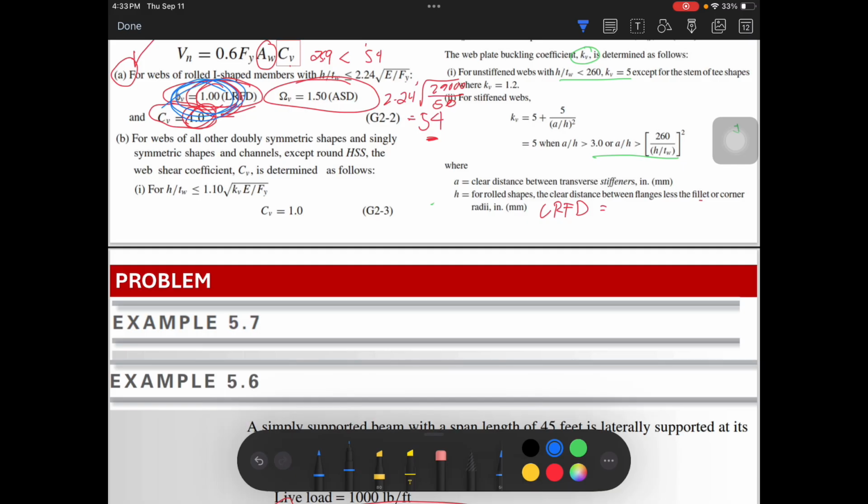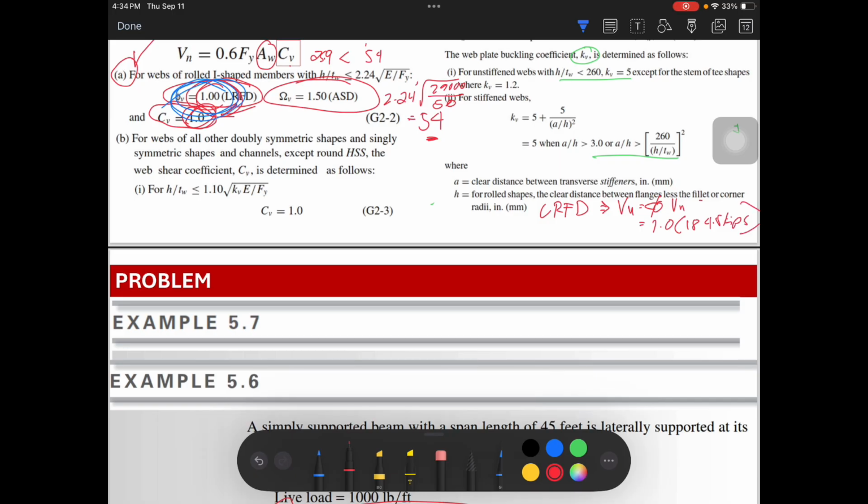So for LRFD, that is Vu. So our factor is 1.0 times Vn. Substituting 1.0 times Vn na how much? 184.8 kips. So the same syempre.